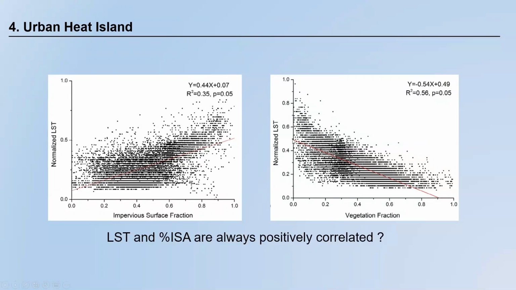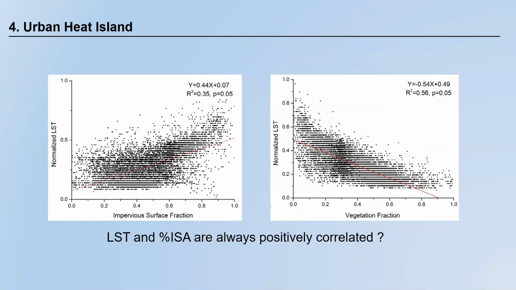So you can see here, again, this red straight line is a regression function between vegetation fraction and normalized LST, and it is negative, which means that more vegetation brings less LST.